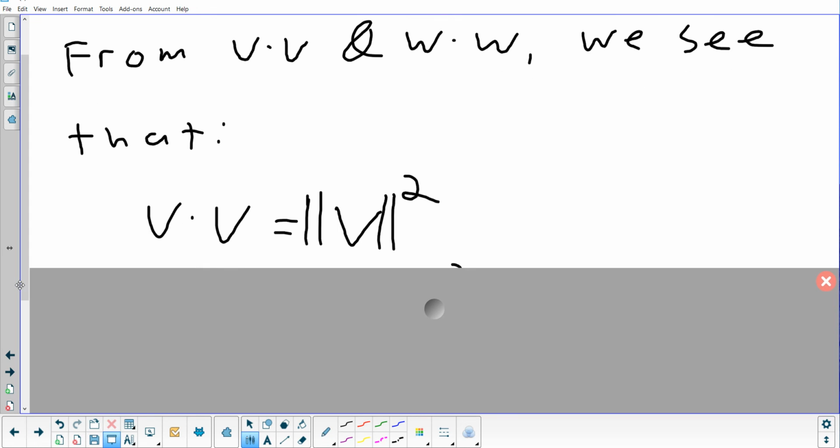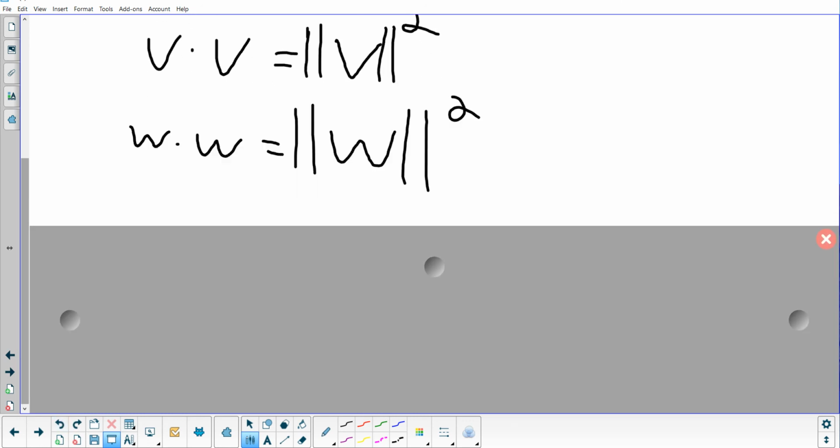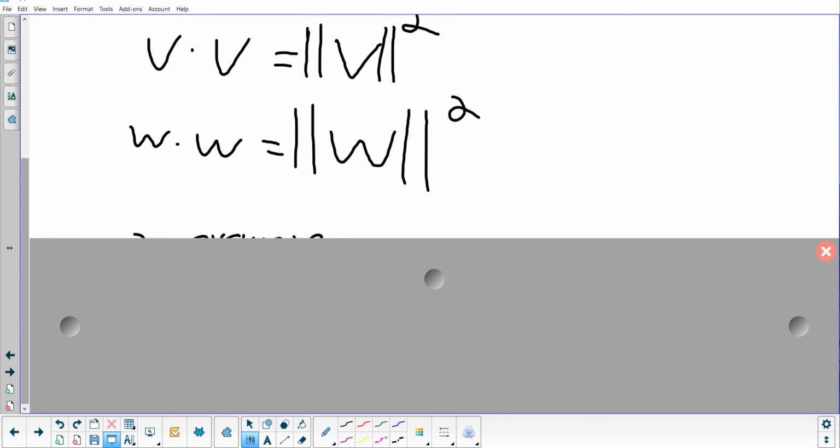Any question on that idea? And then if you took it one step further and did the square root, the square root of a vector dotted with itself is its magnitude, because now you're taking the square root. It was the same thing with w dot w, so we don't have to write that another time.